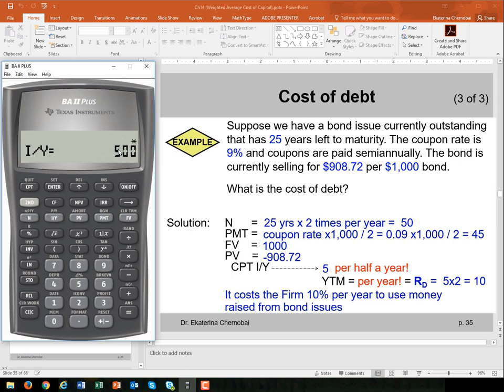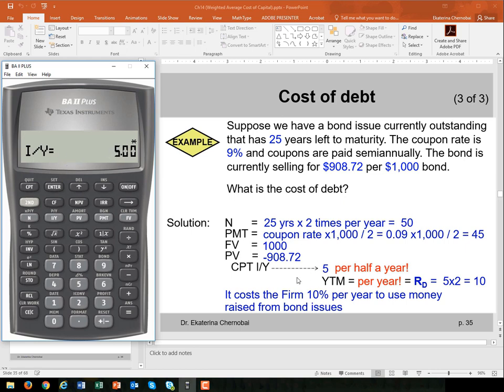5%. However, as this slide then shows, this is not what we call cost of debt, because all these terms that we are learning in this chapter, cost of common stock, cost of preferred stock, and cost of debt, they all are per year. Is 5% the discount rate per year?